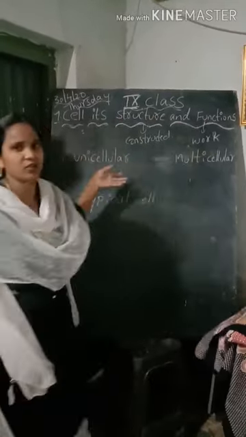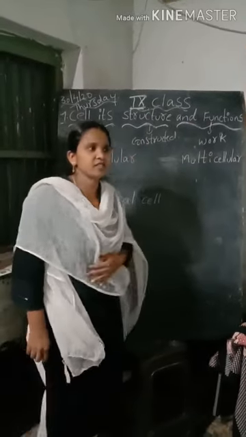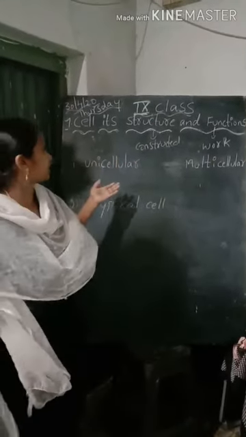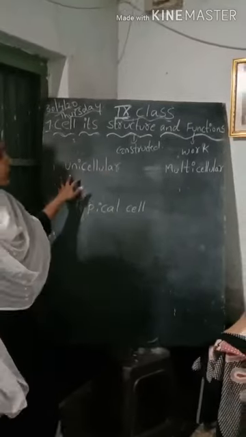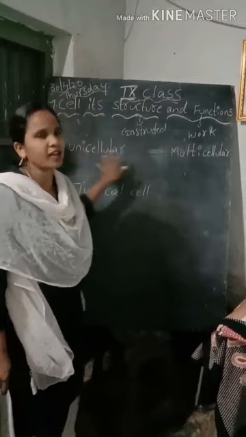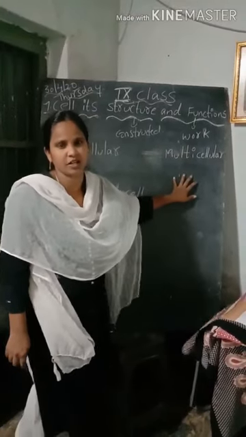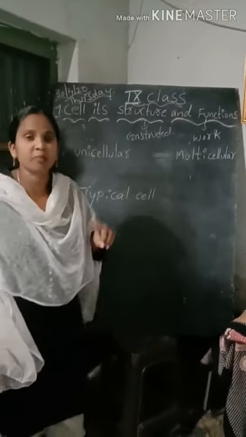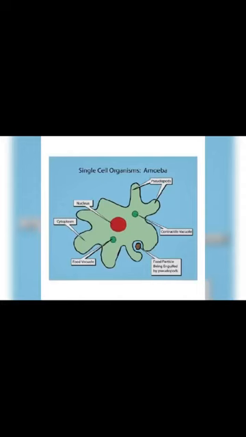Here in this class we are going to learn about unicellular organisms and multicellular organisms, which you learned in earlier classes. What are unicellular organisms and what are multicellular organisms? The organism which is made up of a single cell is said to be a unicellular organism.